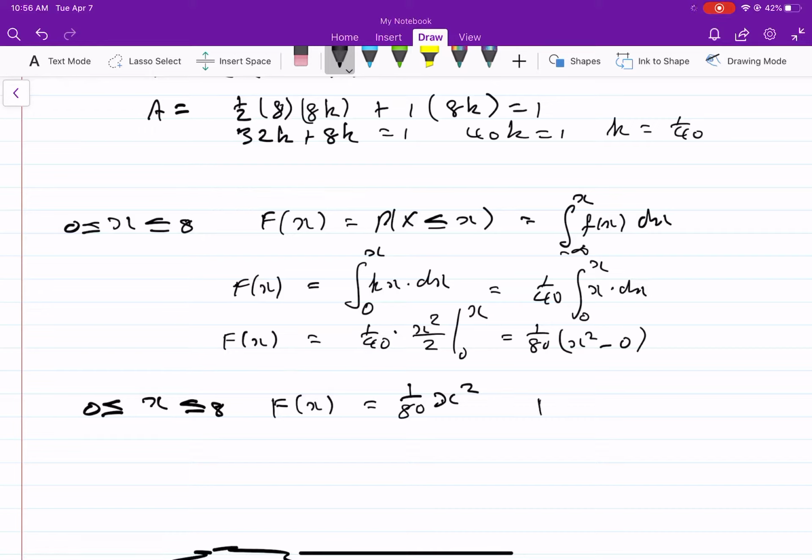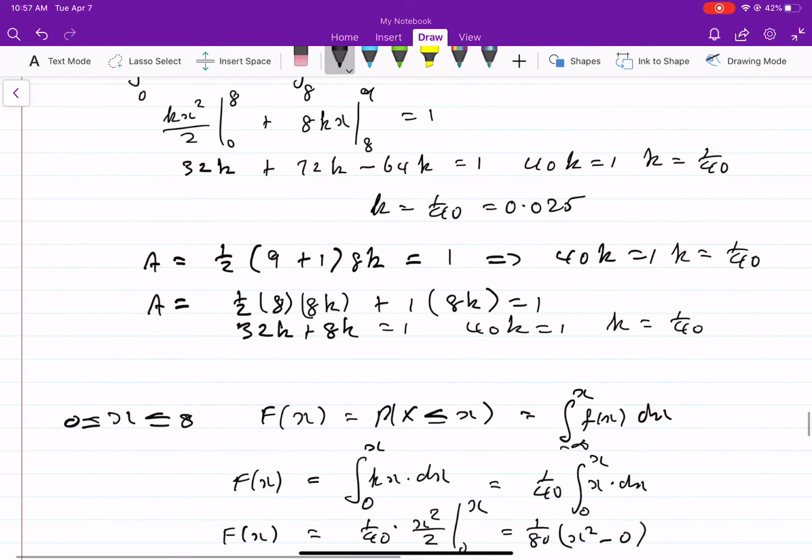So when I find big F of 8, that will be 1/80th times 8 squared, which is 64/80, which is, 16 fives are 80, that's 4/5. I've accumulated a total probability of 4/5. And I get that by just plugging in the last value of x for that first portion into the big F of x function.